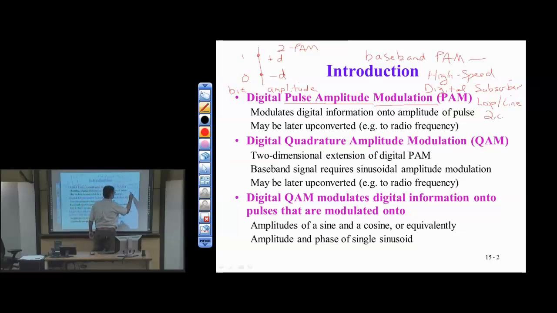So HDSL2 uses baseband PAM in transmission. This is a wired communication for business access to the internet. It's an older standard, a little more than 10 years old. So we do use baseband PAM in practice, but we also use upconverted PAM as well.